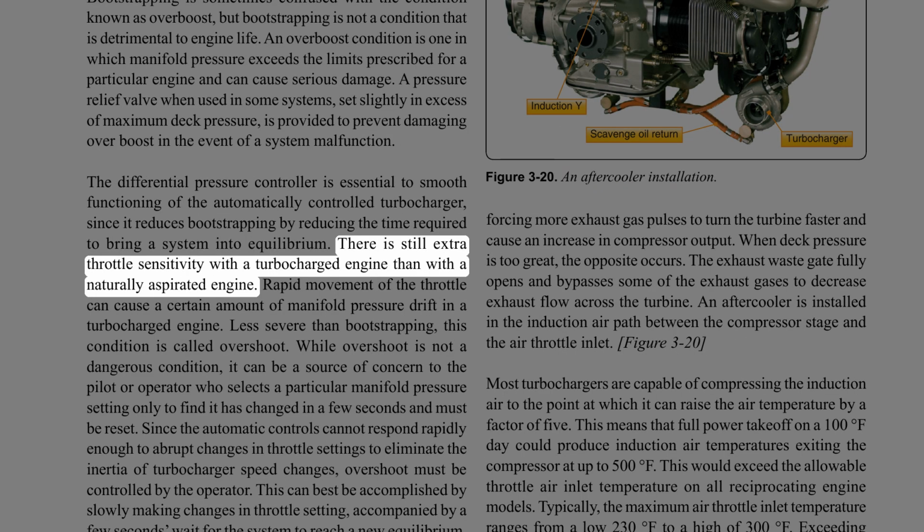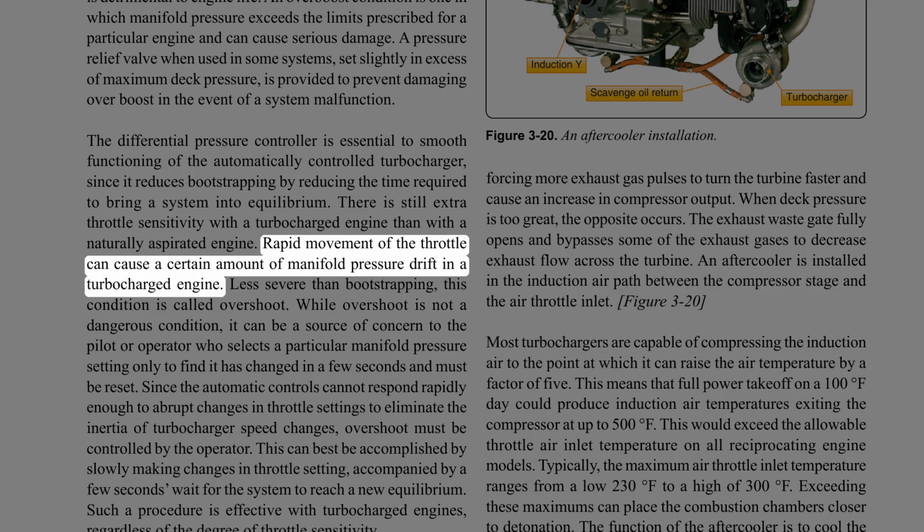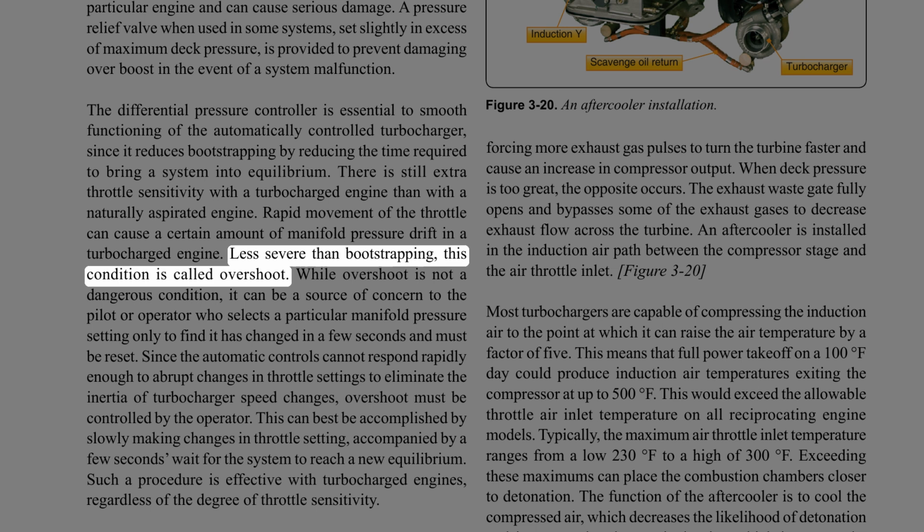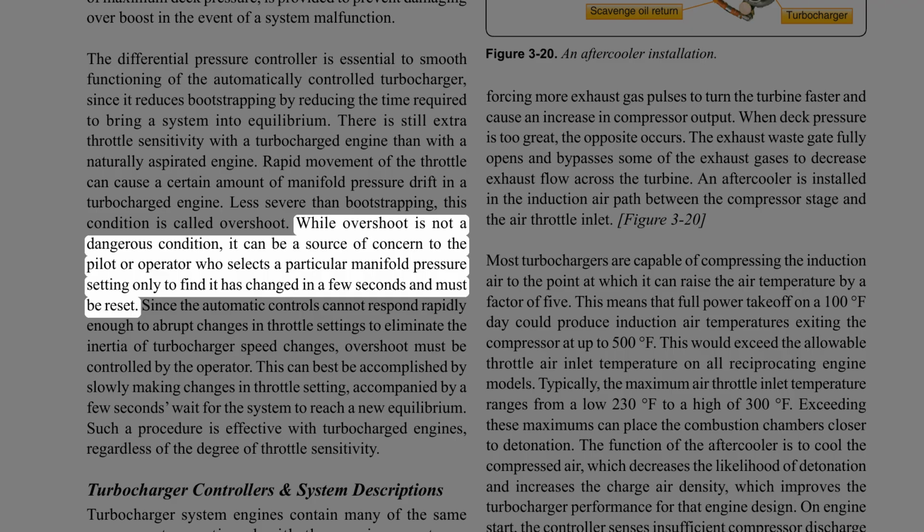There is still extra throttle sensitivity with a turbocharged engine than with a naturally aspirated engine. Rapid movement of the throttle can cause a certain amount of manifold pressure drift in a turbocharged engine. Less severe than bootstrapping, this condition is called overshoot. While overshoot is not a dangerous condition, it can be a source of concern to the pilot or operator who selects a particular manifold pressure setting only to find it has changed in a few seconds and must be reset.